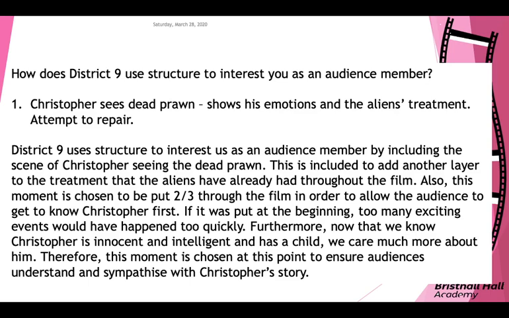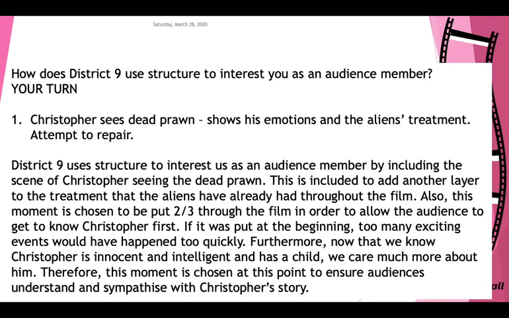But do let me know if you struggle with organising and analysing these scenes. Use this one of Christopher as a starting point. So now that you've watched the film again, analyse three key scenes and how they interest you as an audience member. That's it. That's your progress check. Good luck.